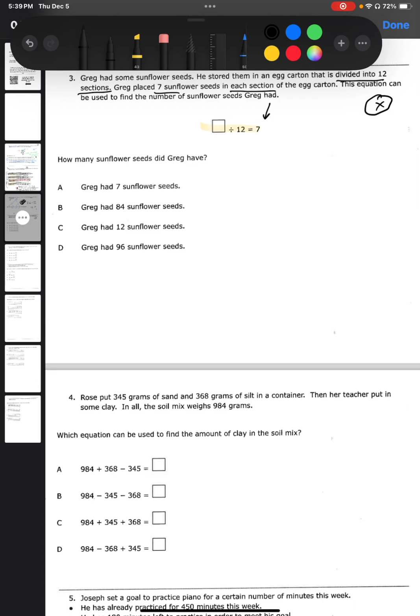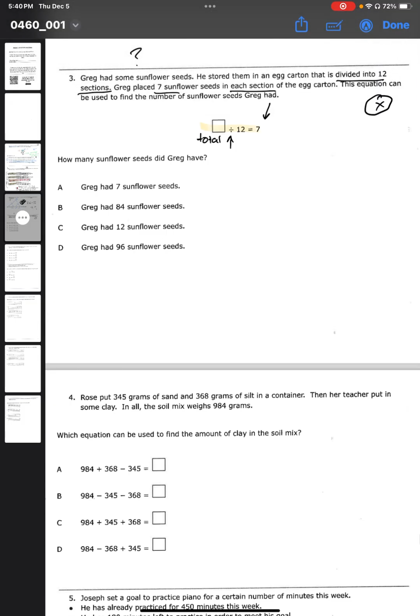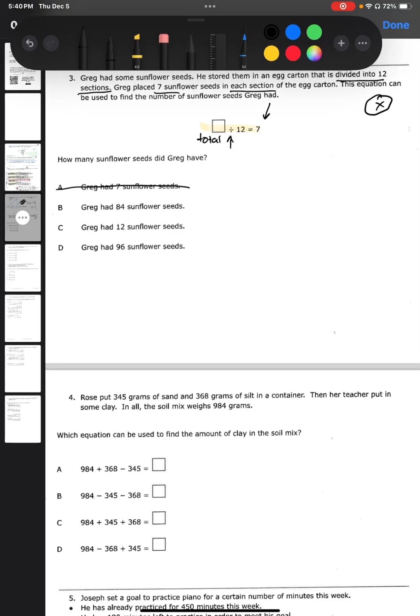Well, I'm looking at this problem, and it's a division problem. The one thing that we have hammered home all year is that, at least in third grade, in a division problem, the first number is our total, and it is the biggest number in the problem. So when I'm looking at the answer choices, I can absolutely get rid of option A, because that's a 7.